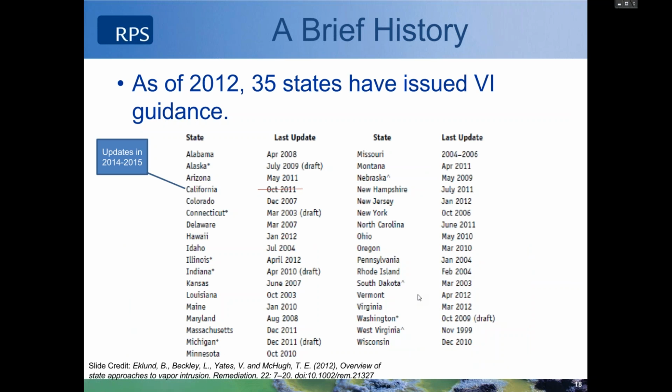So as of 2012, 35 states had issued their own vapor intrusion guidance. This was the best compendium I could find for all the states, but this is definitely out of date because in California, where we're at right now, this has been updated since October 2011. We had updates in 2014 and 2015. So these are constantly being updated.